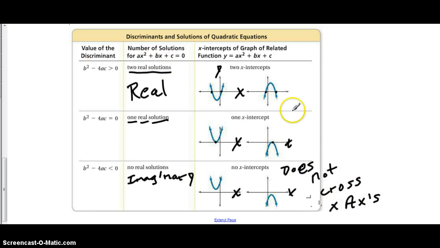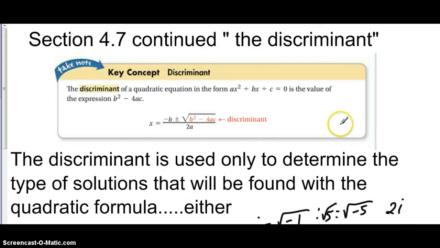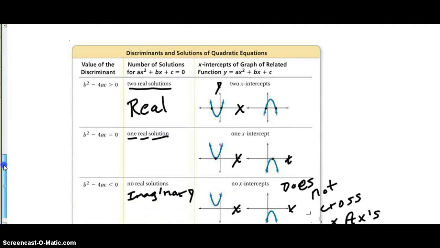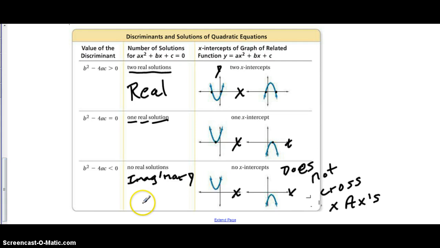This would be a great diagram to have in your Cornell notes, just as this part would be great for your Cornell notes, and of course along with your examples. The discriminant is helpful when you're trying to determine if a function is going to have real solutions or not.